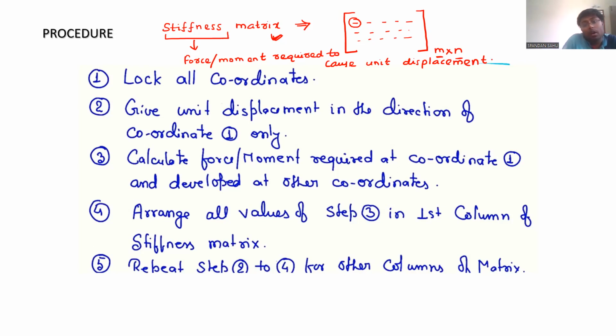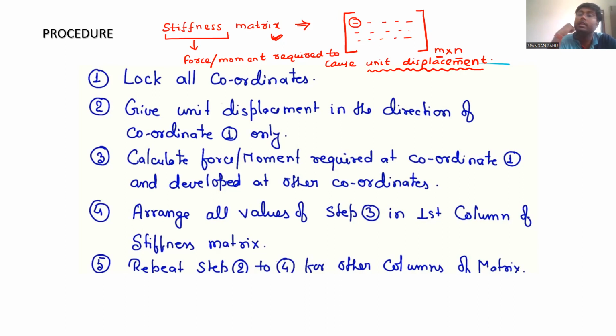So now we are giving unit displacement, but since our displacements are unknown, we are removing that displacement and assuming that displacement to be unit.